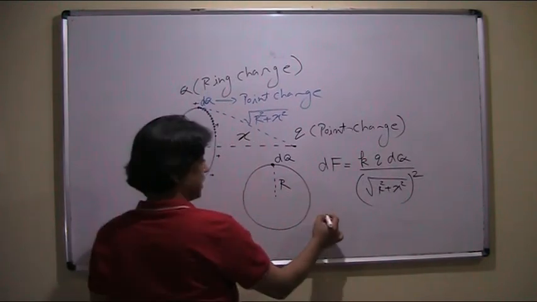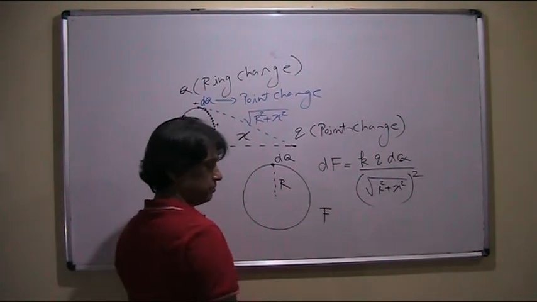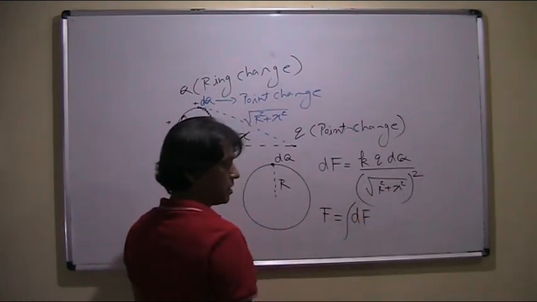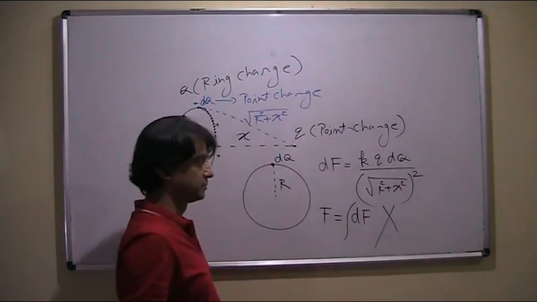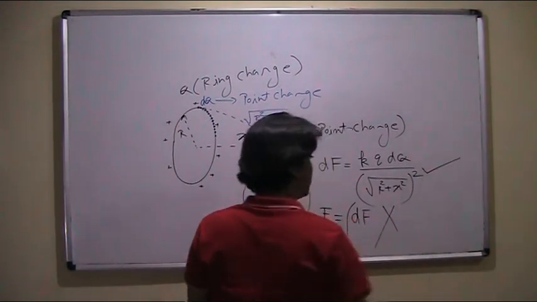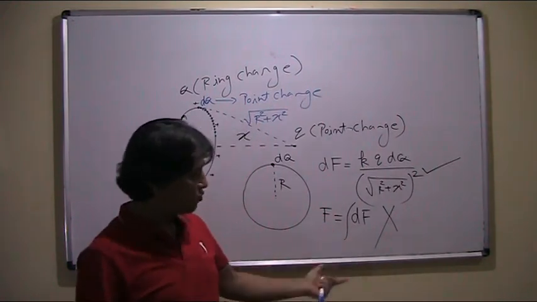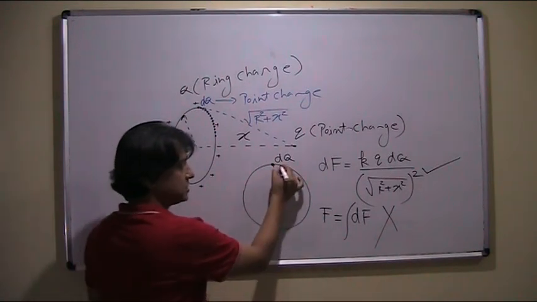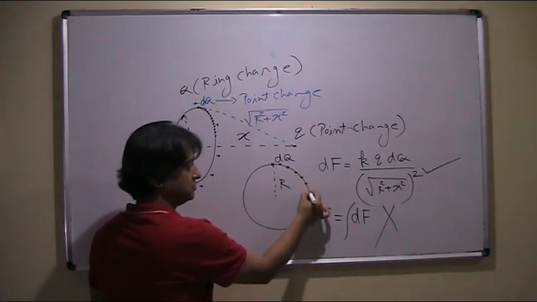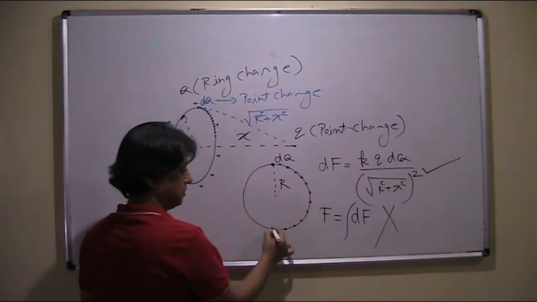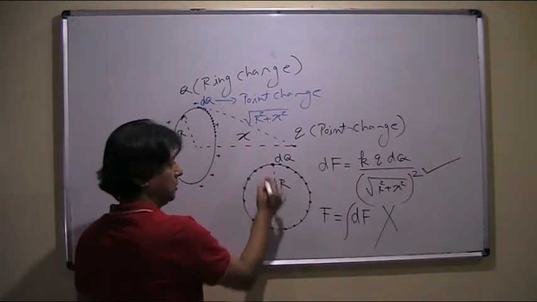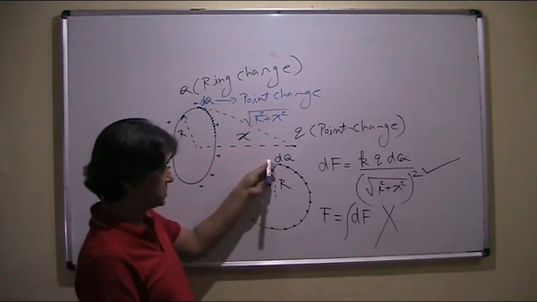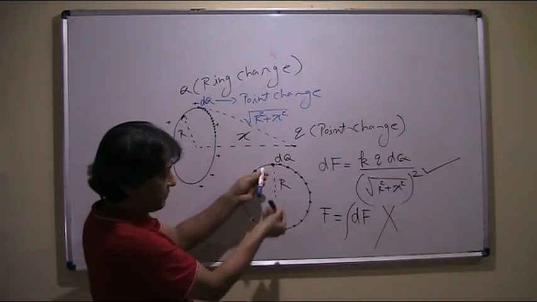Now, if I ask you to calculate F, then normally people integrate dF. But this is wrong in this situation. यहाँ तक सारी कहानी सही है, but this is wrong. And why is it wrong? Because if you find force of these small point charges on q, which is placed right here, then these forces are pointing in different directions.